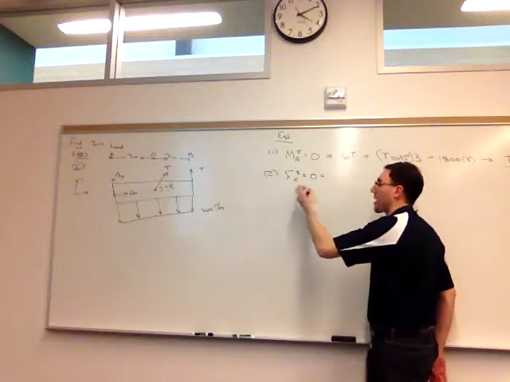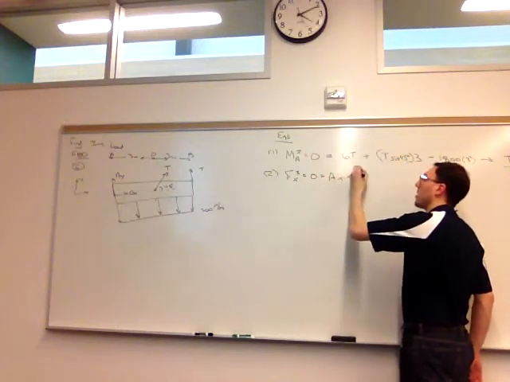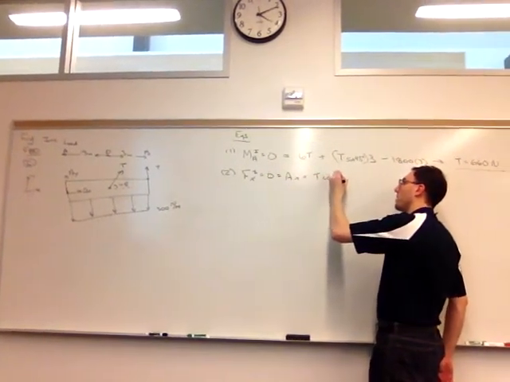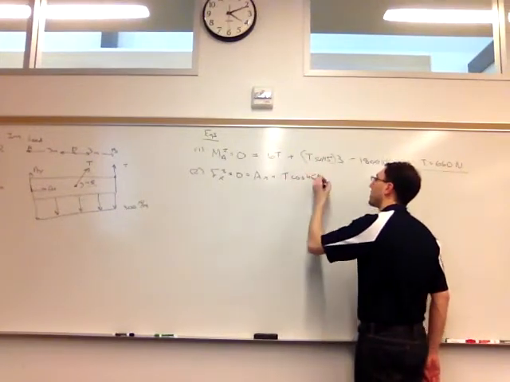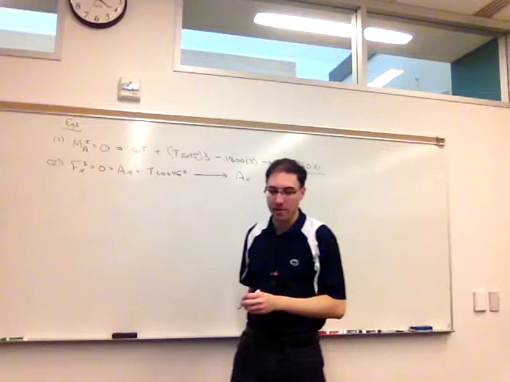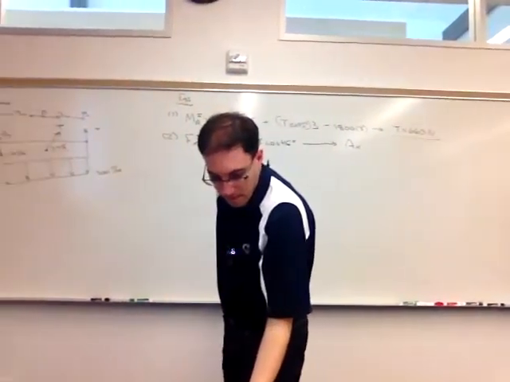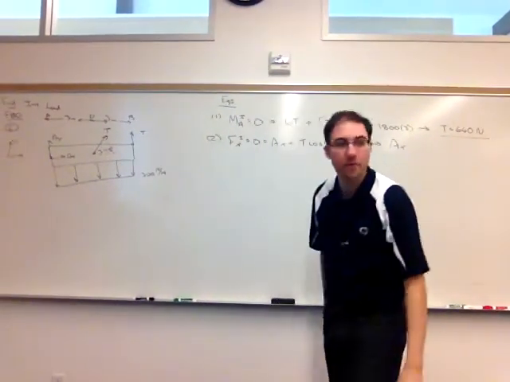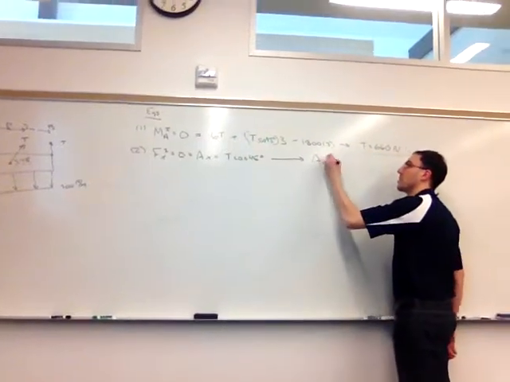Now, looking in the x direction, we'll have AX plus T cosine 45. We just found what the tension is, so we can find the value of AX. The value of AX is negative 470 newtons.